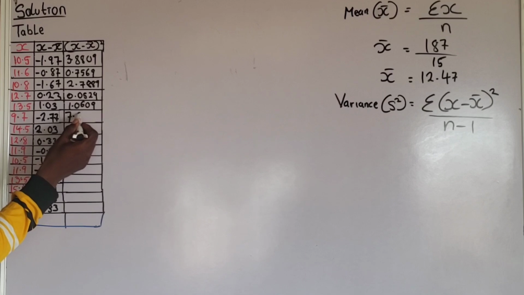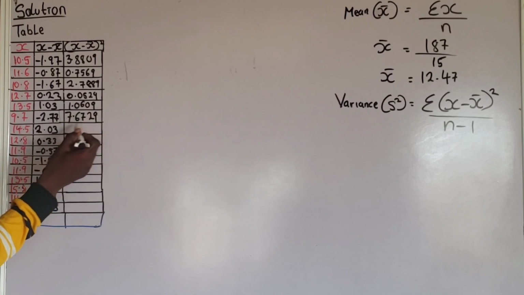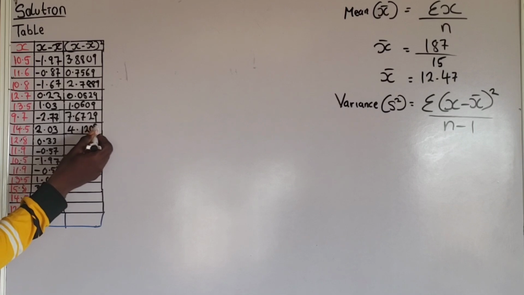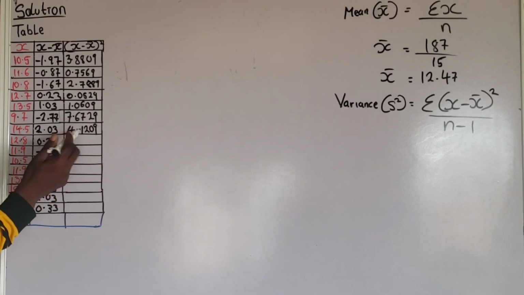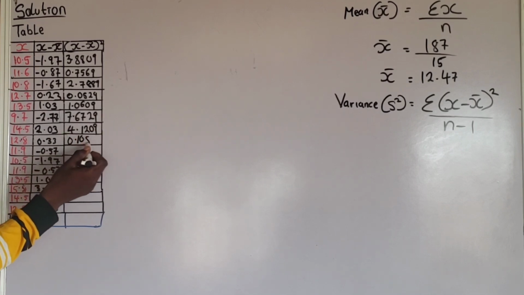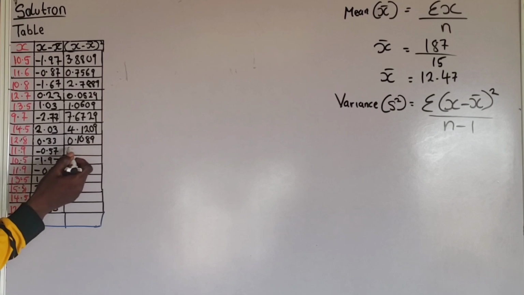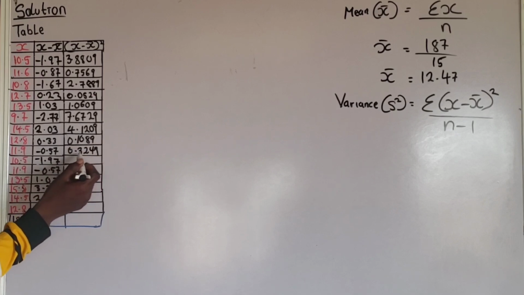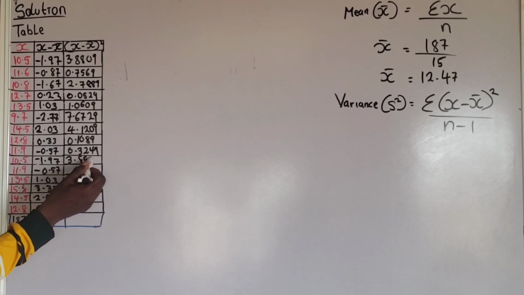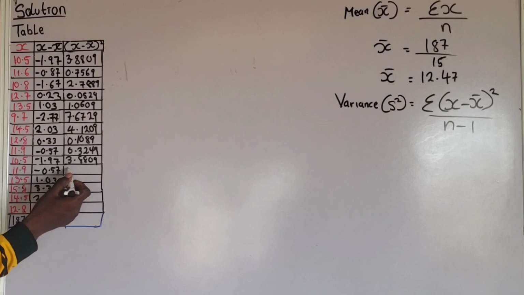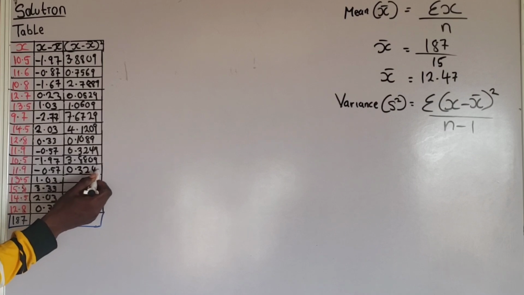For this I'm going to have negative 2.77 squared. That will be 7.6729. Here I will have 4.1209. For this, we are going to have 0.1089. Here I'm going to have 0.3249. And this I'm going to have 3.8809. For this, we are going to have 0.3249.